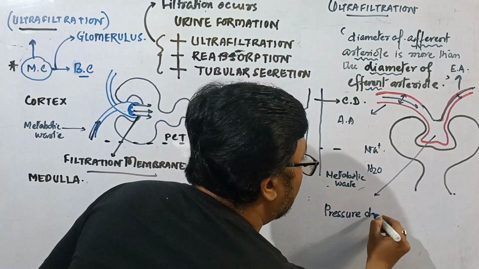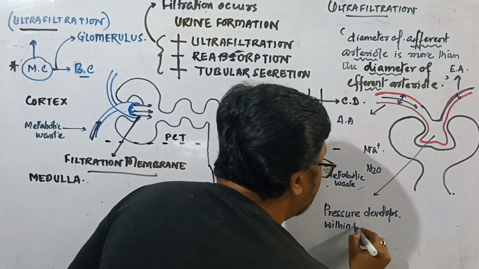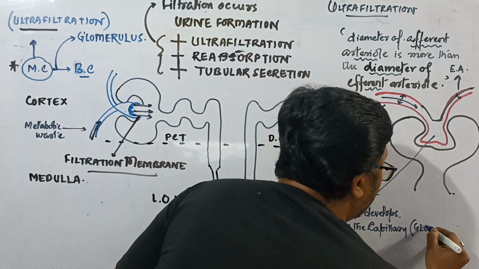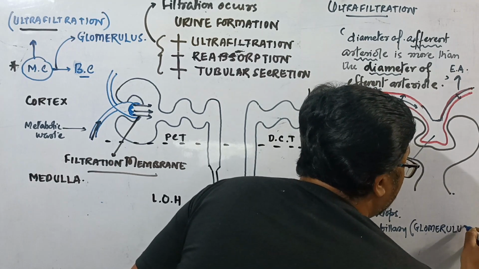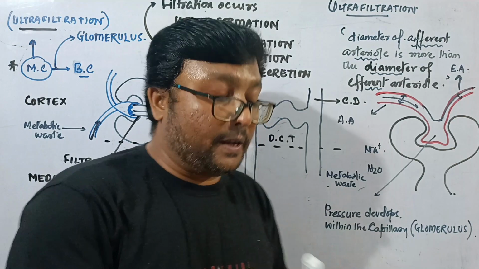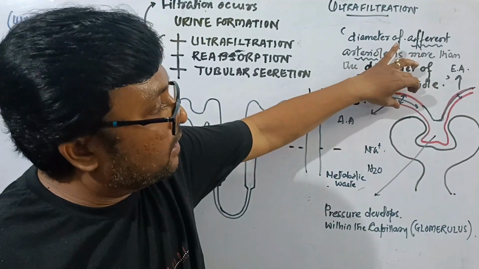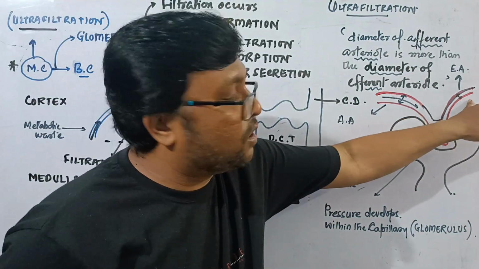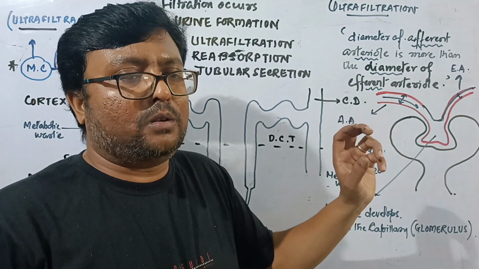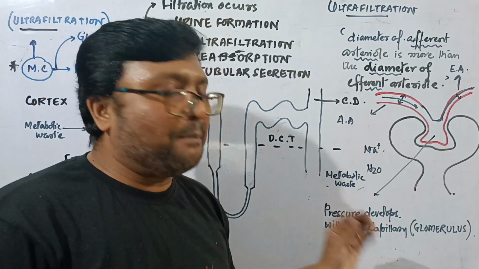Due to this, a pressure develops within the capillary, or we can even say within the glomerulus, and that pressure helps in ultrafiltration, and it is very obvious. এখান দিয়ে যখন ব্লাড ফ্লো করবে, due to increased diameter compared to efferent arteriole, due to this change in diameter of the arteriole, a pressure generally develops within the capillary.